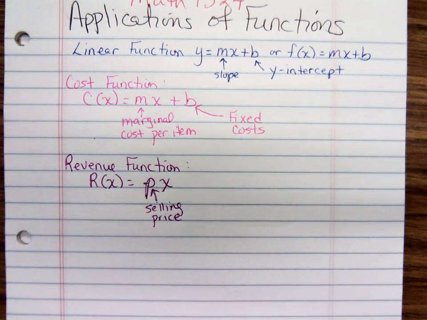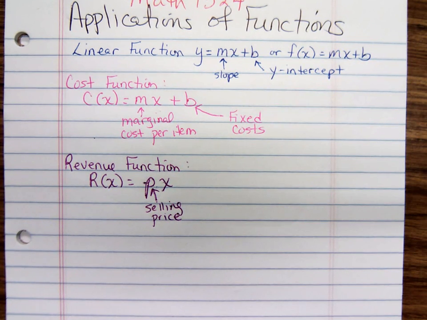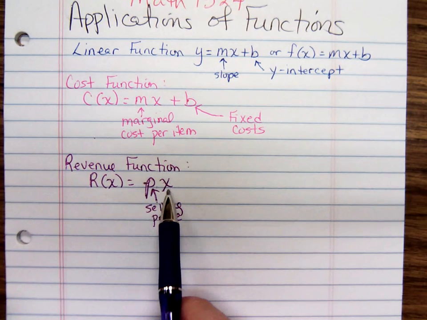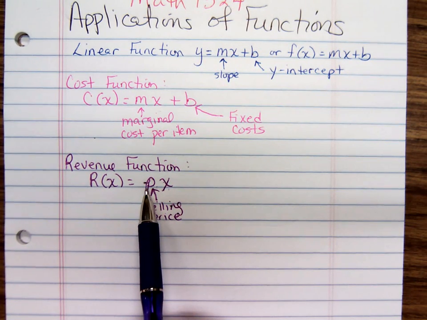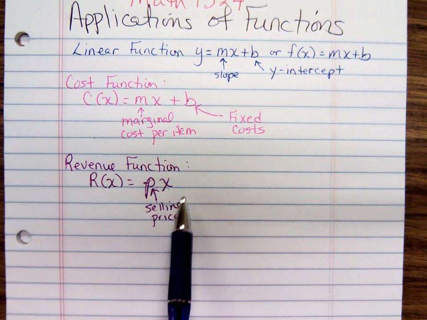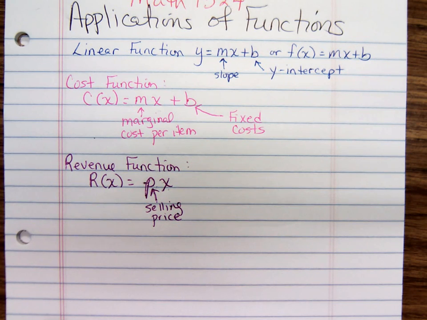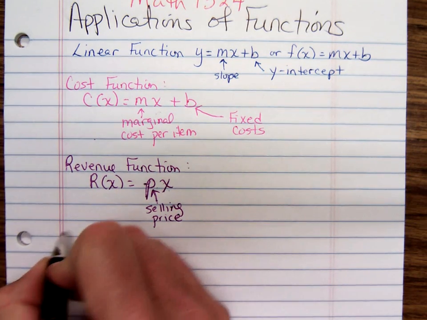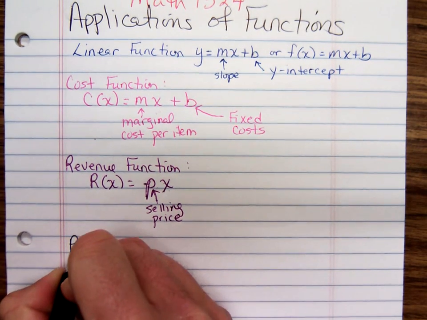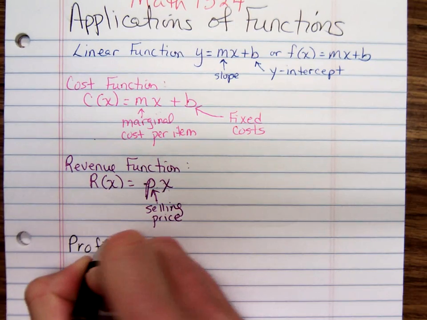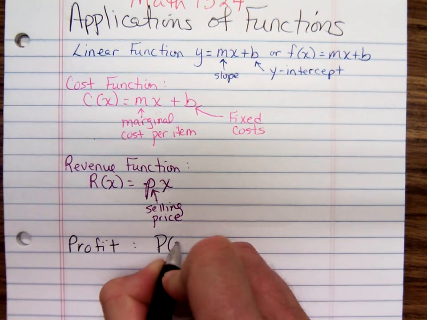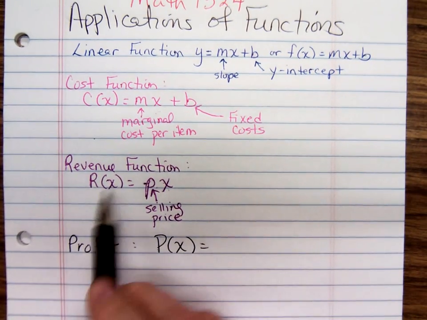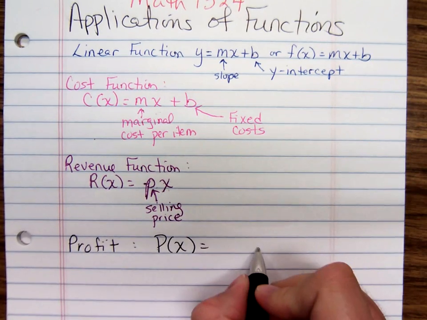Going back to that taco restaurant that you have, if you sold 500 tacos at $2 a taco, then you've brought in $1,000. Now that's not your profit, okay? To calculate profit, you would need to subtract the cost from the revenue.